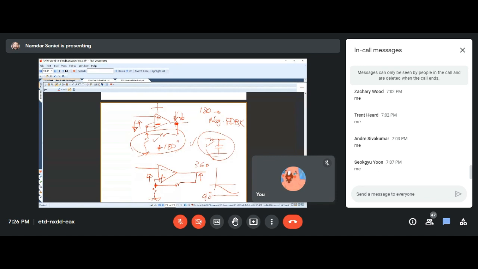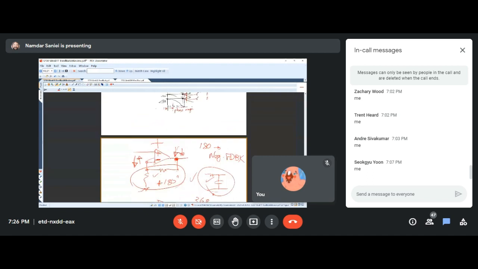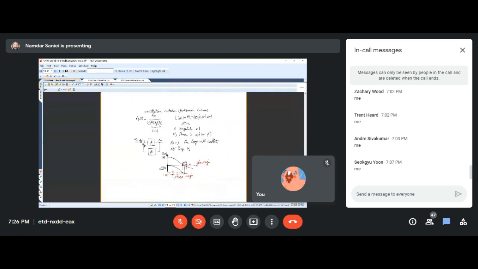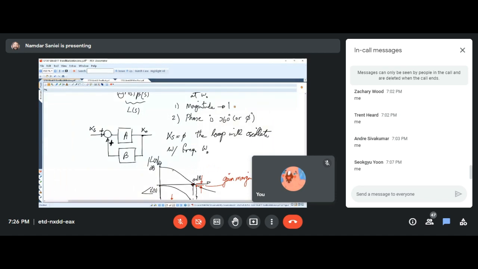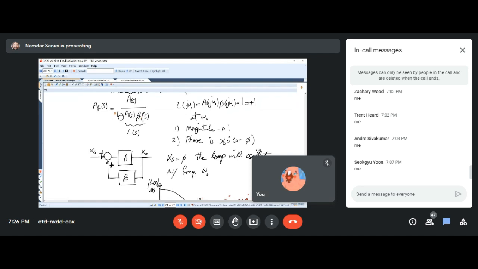And that gives us 360 degrees, or zero, which would make this condition become true. And now, if our gain is at least 1, even if it is more than 1, it can still continue to cause trouble and oscillation. It doesn't have to be exactly one. But based on what we have here, definitely for 1 and 360 degrees, we are getting oscillation, not amplification.